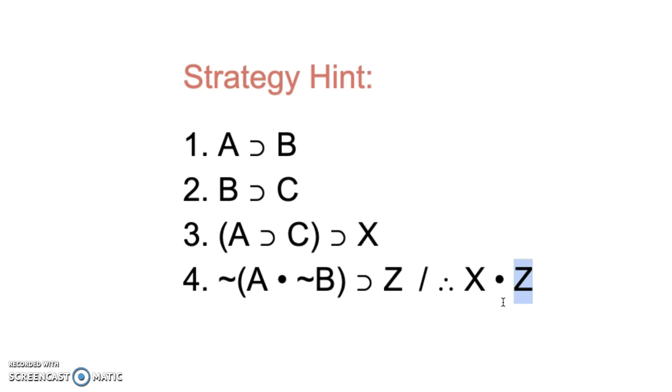For what it's worth, bonus note, could you use IP to get x? Given what we have here, indirect proof actually wouldn't be a good strategy to get x. Let's look at what we would do.